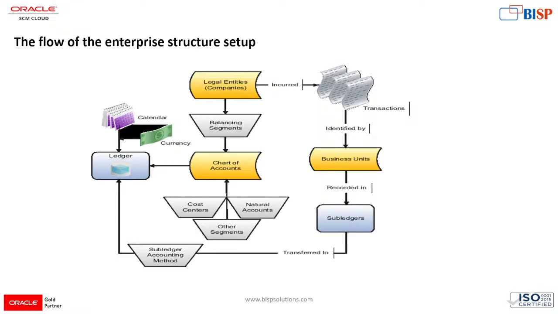Creating chart of accounts, ledger, legal entity and business unit in a spreadsheet. This represents your enterprise structure in your chart of accounts, ledger, legal entity and business unit configurations, to track and report on financial objectives and meet reporting requirements. These components provide an underlying structure for organizing financial information and reporting.